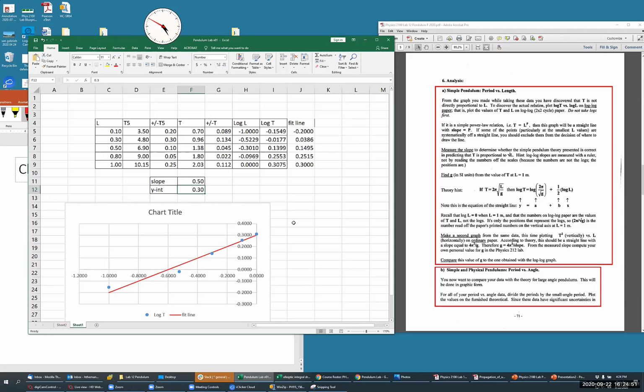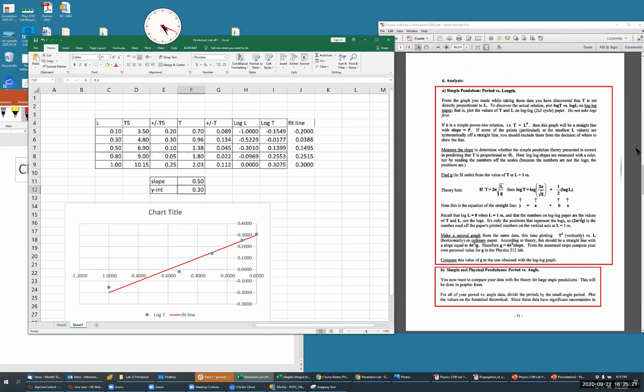And instead of using a ruler and a pencil, finding a slope, we have Excel doing it for us. And over the rest of the semester, I'm going to show you how you can refine this technique to produce the best fit line, and how to program Excel to do it for you automatically.